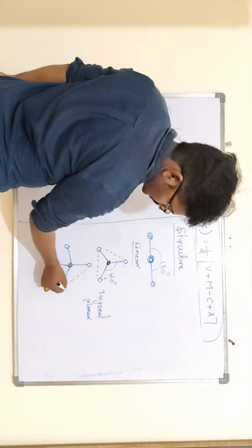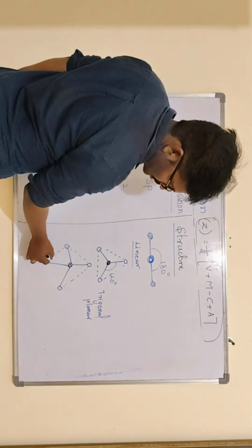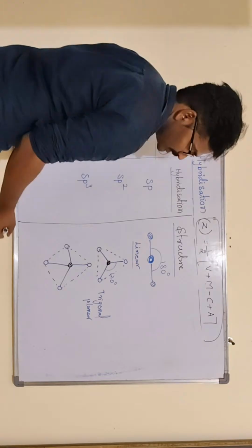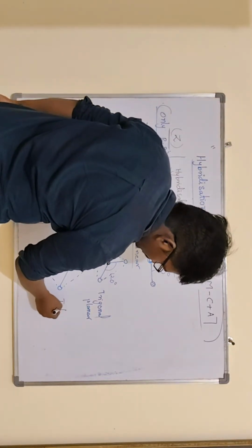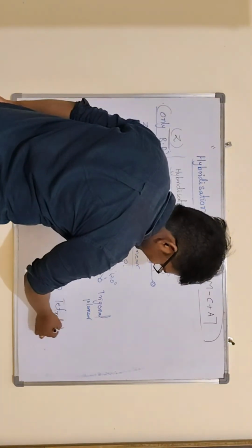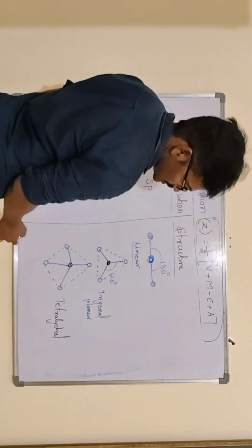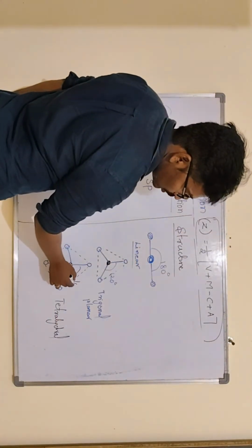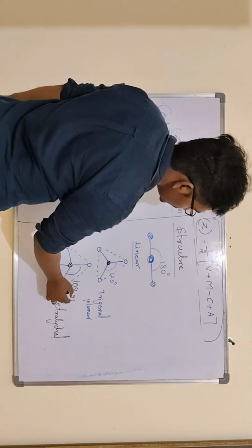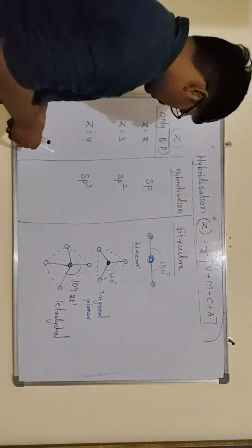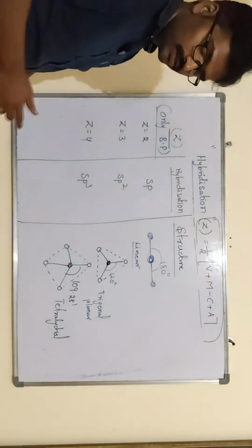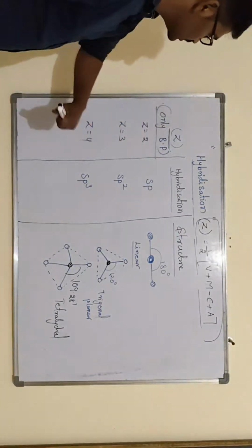Then look at, so tetrahedral geometry we call. Tetrahedral geometry. So bond angle in this is 109 degrees 28 minutes. So these are the 3.